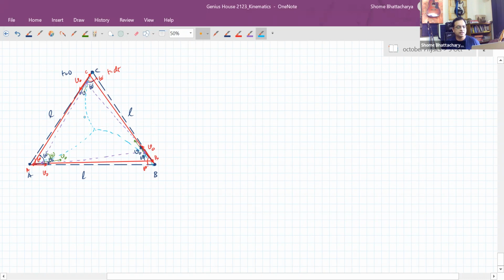But at any other instant t in between also, they'll be forming a triangle like this, an equilateral triangle. So at that point of time, the distance between them is r. And again, the velocities will be having that same mutual geometry.